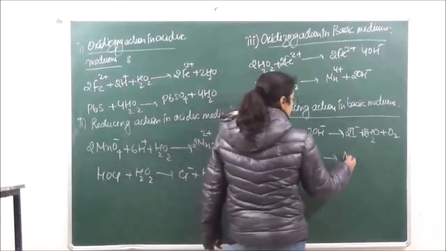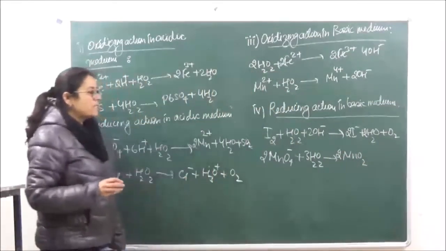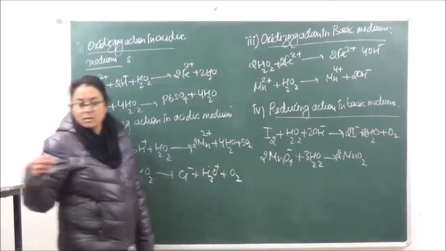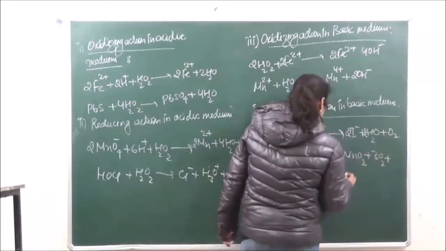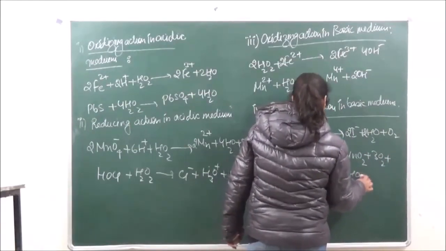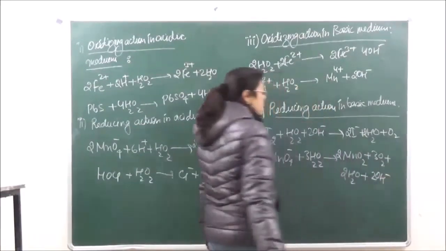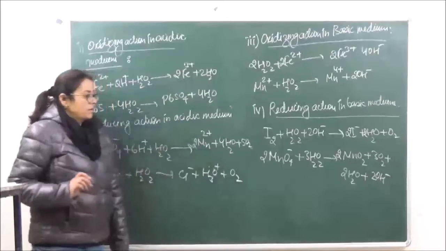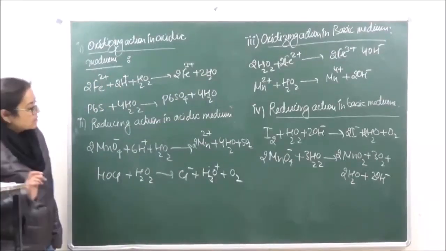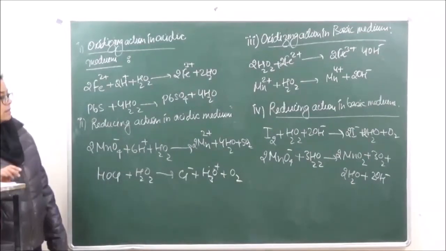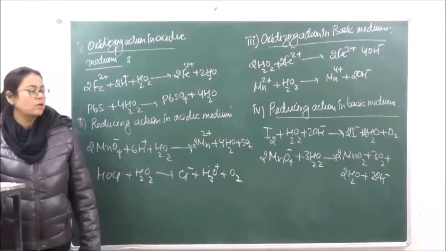This is going to give us 2MnO2, manganese dioxide, and plus 2OH-. Just see whether the hydrogen is balanced. Yes, it is balanced. Okay? So these are going to be some of the chemical properties of hydrogen peroxide.